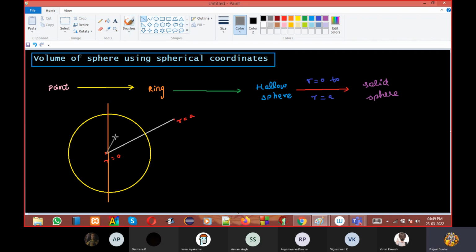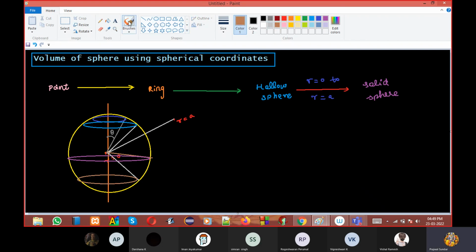I am taking a line like this, making angle theta with the z-axis. When theta is here, I am drawing a ring like this. Then when theta comes here, I am drawing another ring like this. Like that, I am joining many rings.